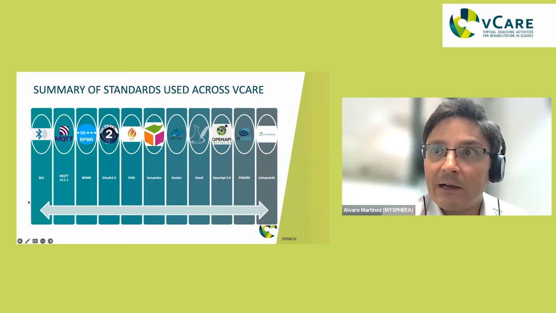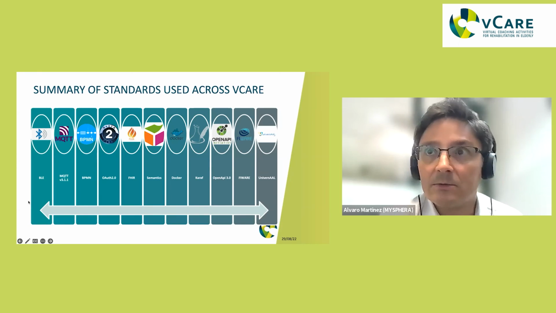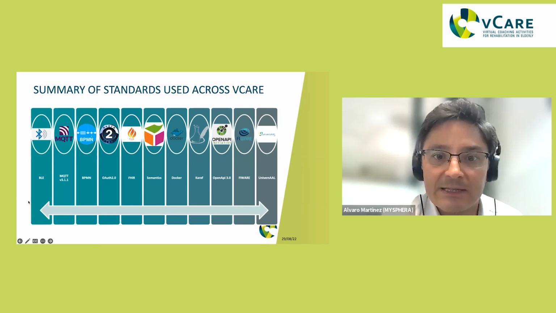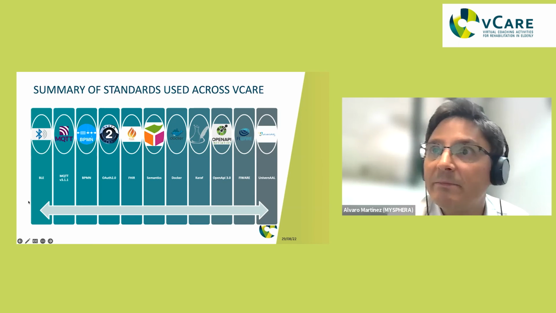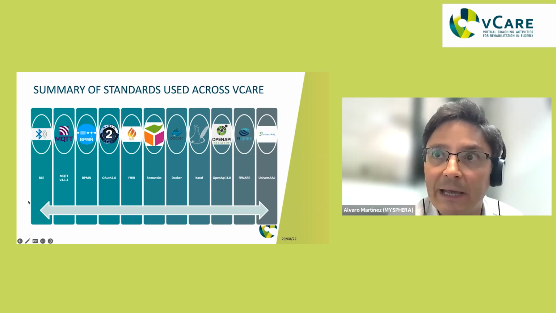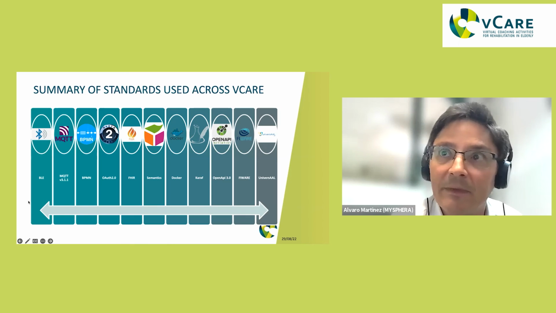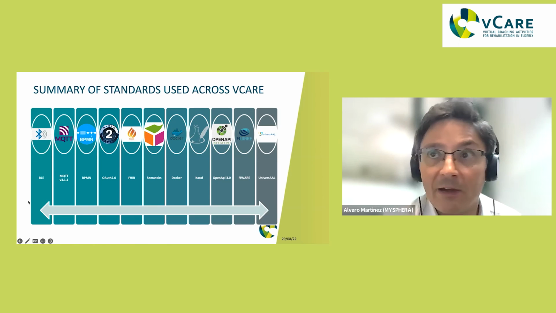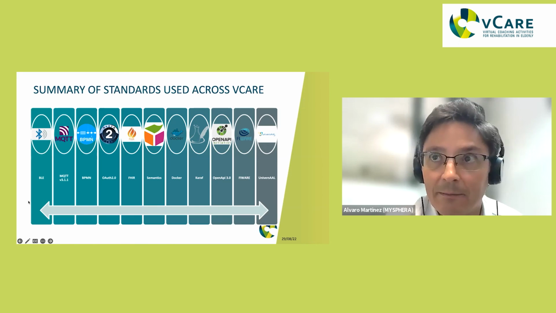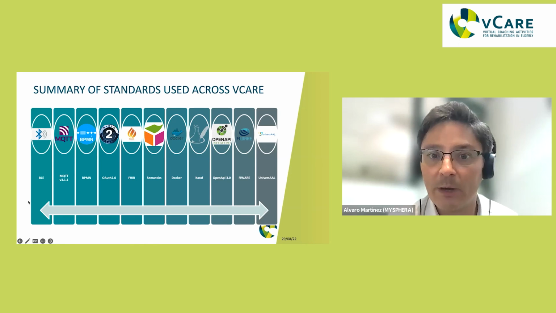MQTT, which is the second technology, I already mentioned, is the one that allows us to communicate everything in the system. The third one would be BPMN, which stands for Business Process Modeling Notation. My colleague Emmanuel also showed some examples of this; it is what we use to model the treatments into pathways.